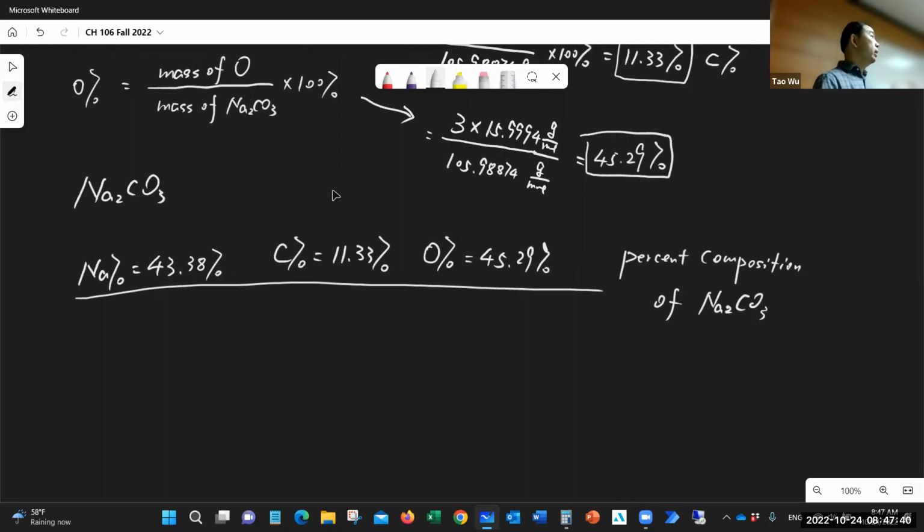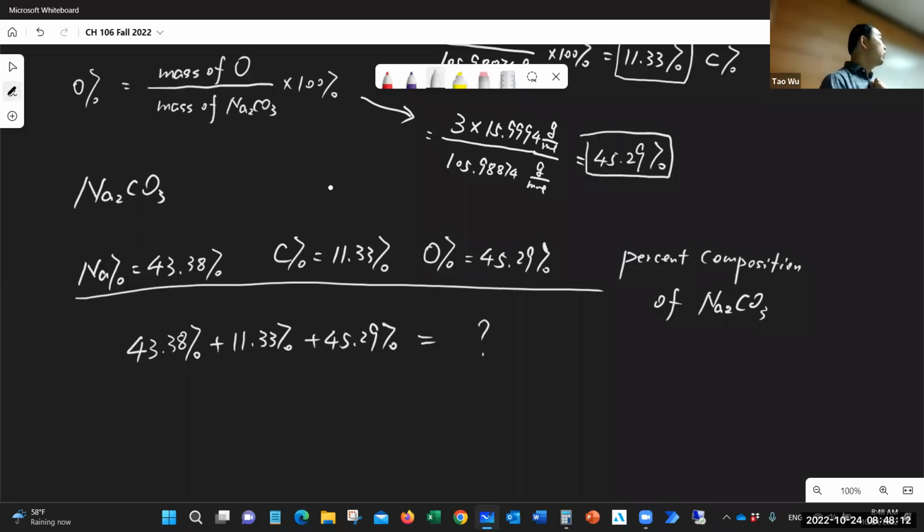Pretty straightforward, right? Okay, so can you imagine that if we add up the sodium percent, the carbon percent and the oxygen percent, 43.38% plus 11.33% plus 45.29%, what is this answer?